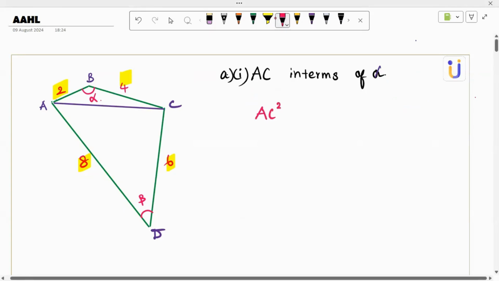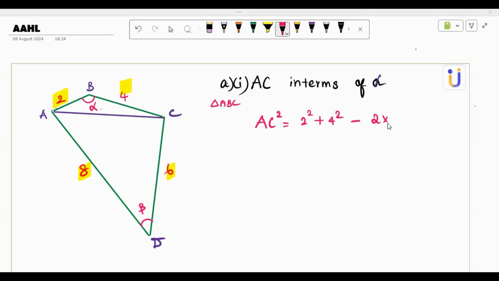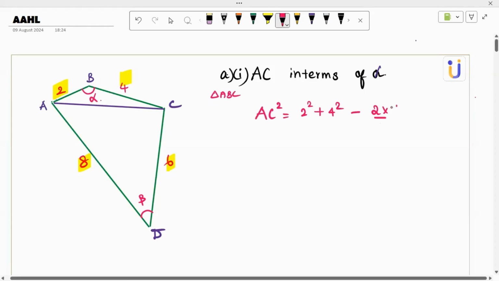AC square is equal to the other sides, right? We are considering triangle ABC because that includes alpha. So AC square is equal to the other sides, you square and sum them, minus 2 times the product of the sides, that is 2 into 2 into 4, times cos of the included angle of those two sides. So that is alpha. And that's simple.